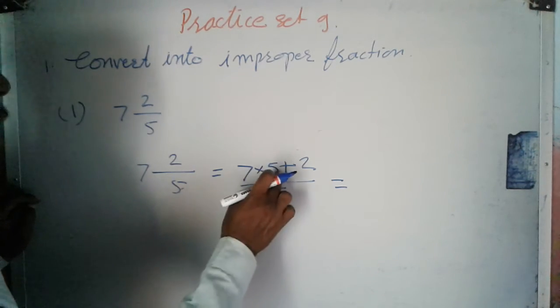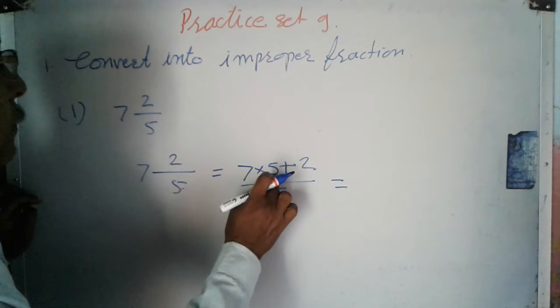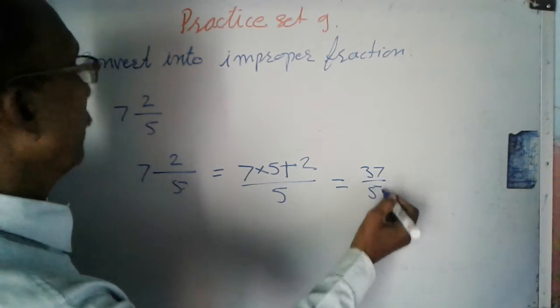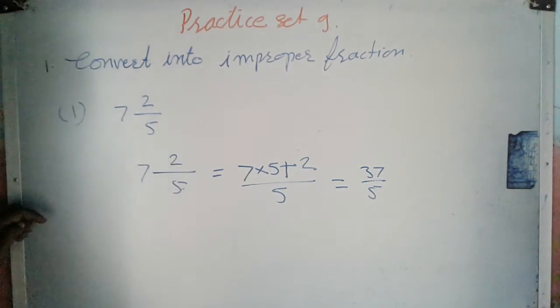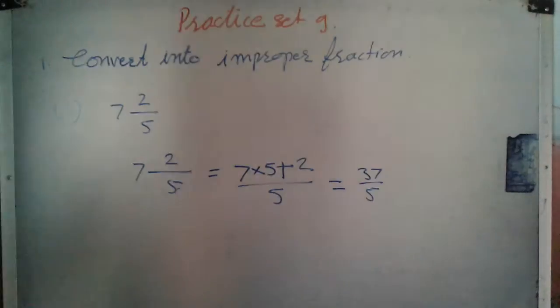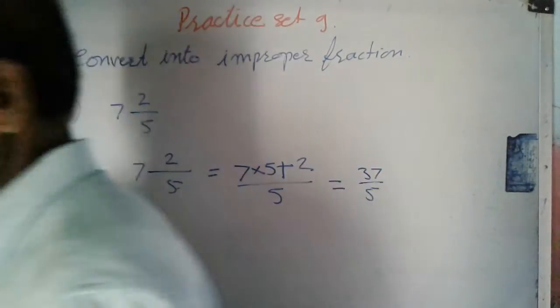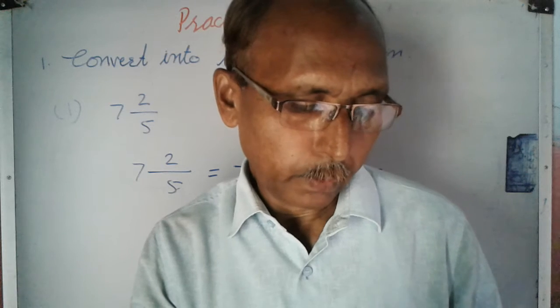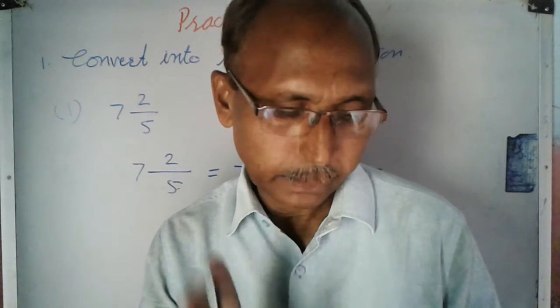That is equal to 7 fives are 35 plus 2, 37 upon 5. This is an improper fraction. In this way, the remaining examples 2, 3, 4, 5 we can solve similarly.